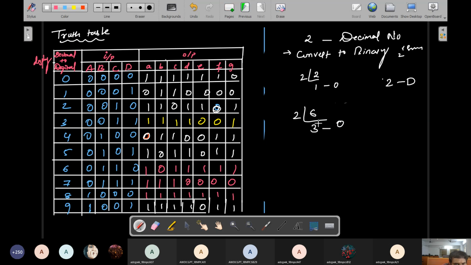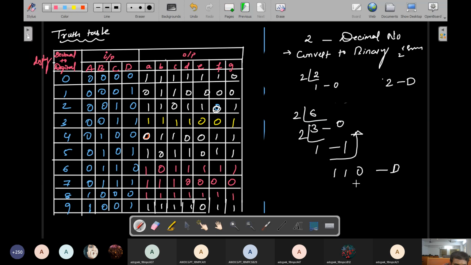Then 3 minus 2 ones are 2, so the remainder is 1. So your answer is 1 1 0. This is the binary number, and the binary digits are read in this direction, with the arrow mark.